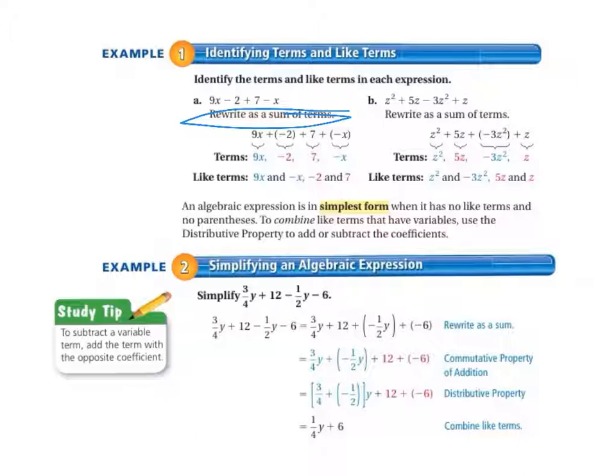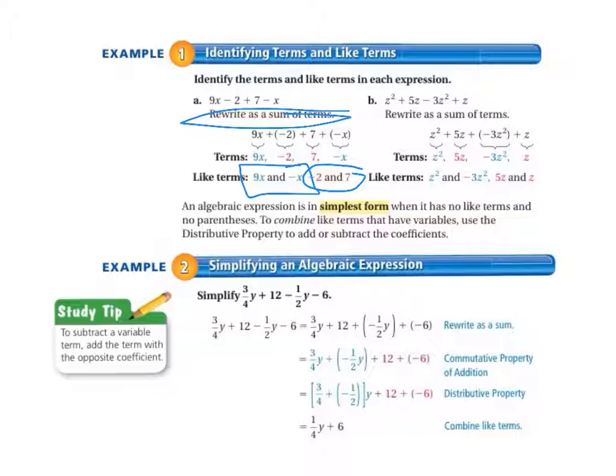So our terms are 9x, negative 2, 7, and negative x. And then our like terms, the terms that go together, are 9x and negative x, and negative 2 and 7. Looking at letter B, z squared plus 5z minus 3z squared plus z.